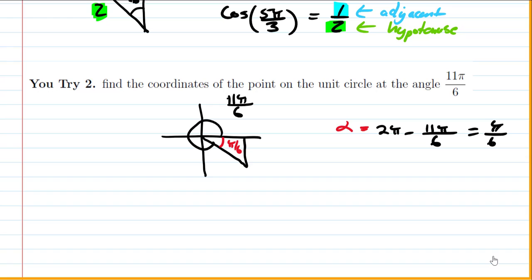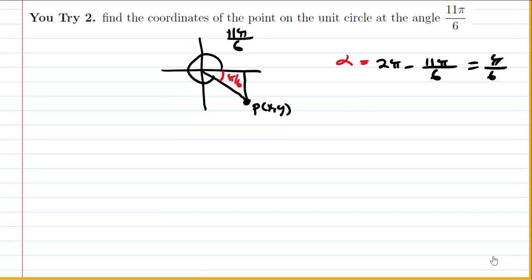So now we want to find our coordinates out here on our unit circle. So our point P, x, y. Once again, we're in quadrant 4, so x is positive and y is negative.